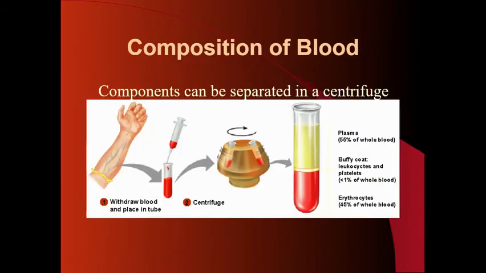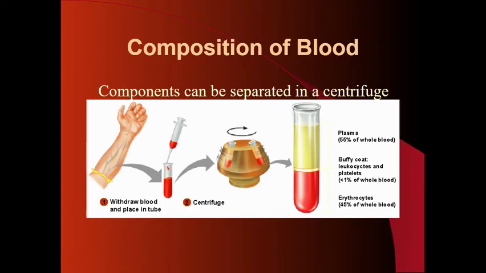The different components of blood can actually be separated out from each other by using a centrifuge. When we put a blood sample in a centrifuge and it is spun at very high revolutions, the heavier parts of the blood will sink towards the bottom and the lighter parts will stay near the top, and we can actually see the different components, where we will have a top layer of plasma, which is about 55% of our blood.